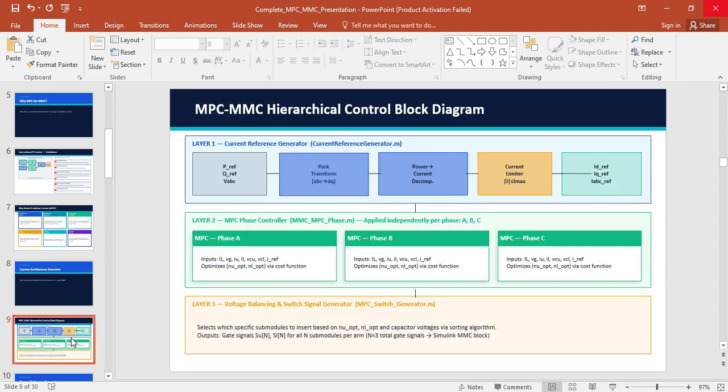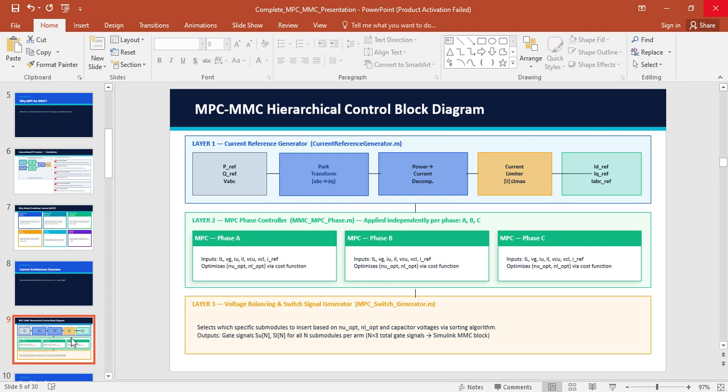All right. So here you can see that we have basically three different layers of hierarchical control. Now, the first layer is taking the Pref, Qref, and VABC. VABC is the grid voltage, right? Using the Park transformation, it is decomposing ABC to DQ.